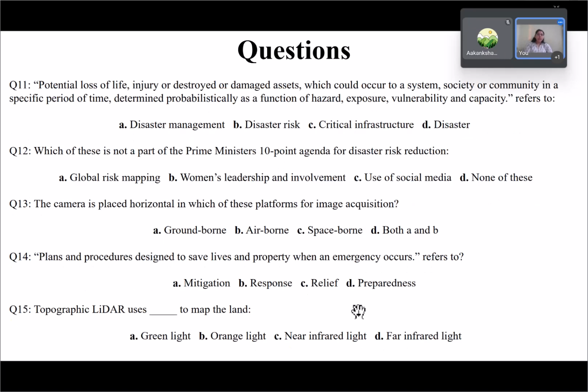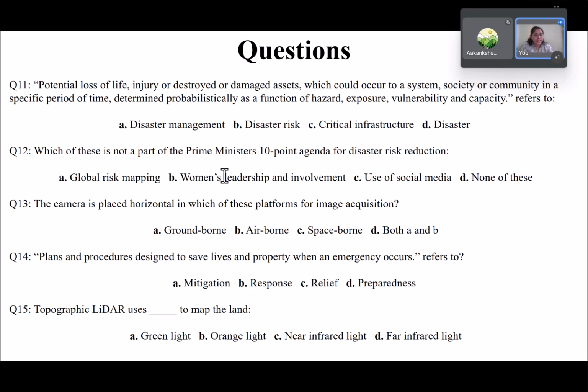Right. So let's look into the next five questions. The first one, as I discussed: if there's a potential loss of life in a community, which is determined based on exposure, hazard, vulnerability, and capacity, what is it actually telling you about? Now, towards the end of the lecture, there was the discussion on the Prime Minister's 10-point agenda for disaster risk reduction.